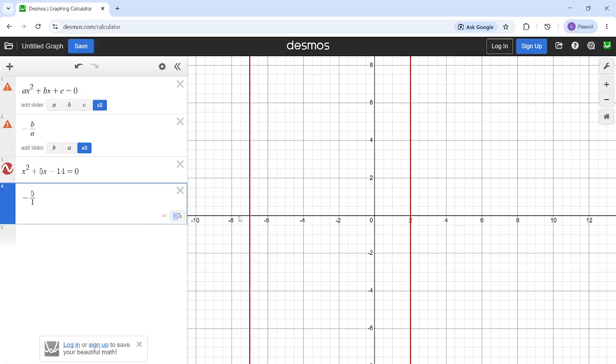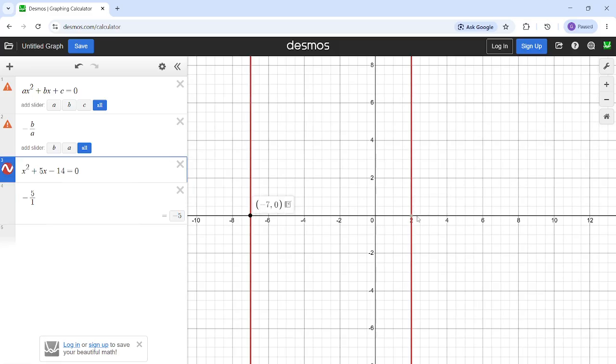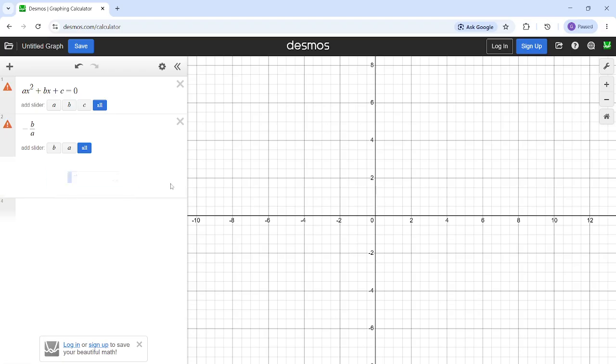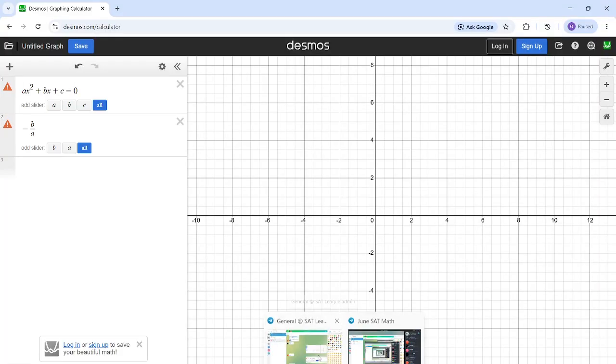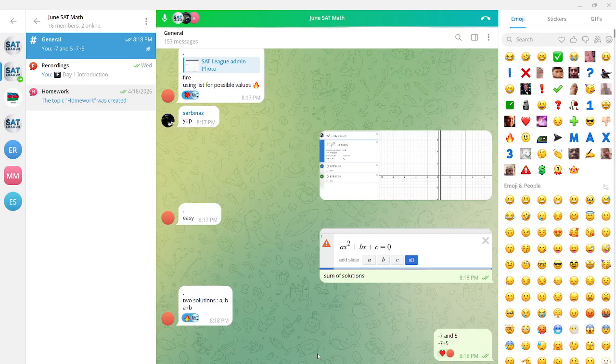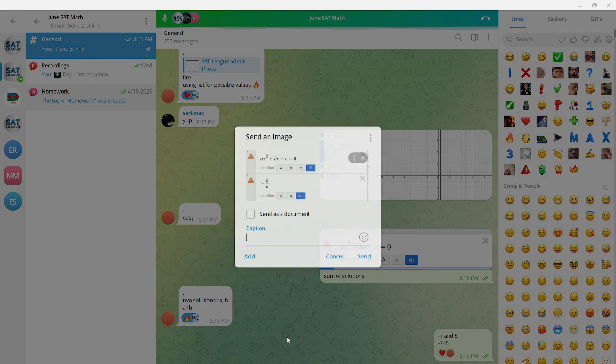So the formula is indeed correct. We are proving that adding these answers will indeed be -5. It is the easiest way of solving for the sum of solutions in any given quadratic equation.